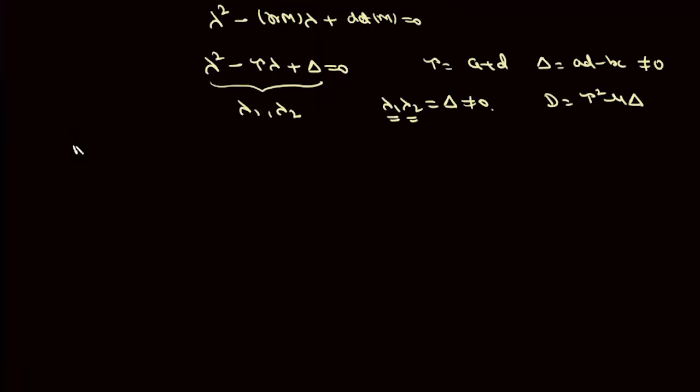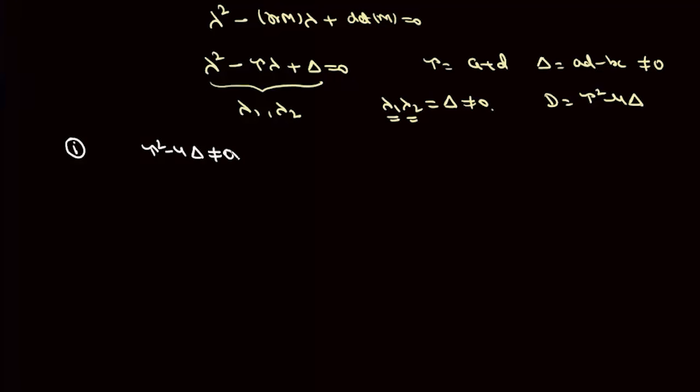We'll consider the first case, when it has unequal roots, so tau square minus 4 delta is unequal to 0. So it will have two distinct eigenvalues, and we can write this matrix M as P D P inverse, where D is the diagonal matrix lambda 1, 0, 0, lambda 2.